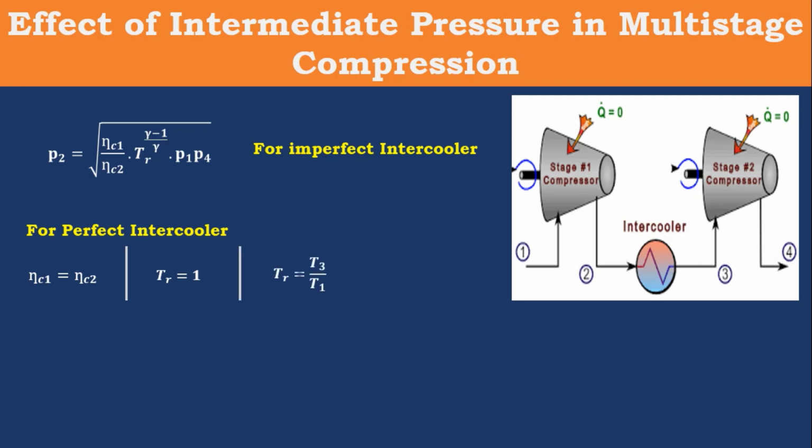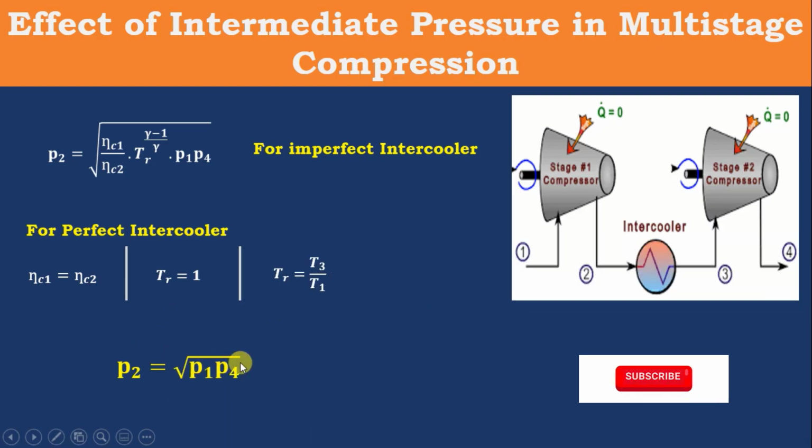Then this equation becomes P2 is equal to root of P1 and P4. In the last class, we discussed this equation. From these two equations, we can conclude that when it is an imperfect intercooler, the temperature ratio plays a major role, so that this P2 will be higher compared to the perfect intercooler.